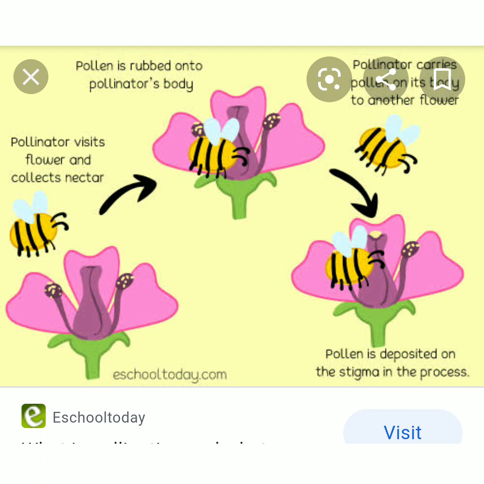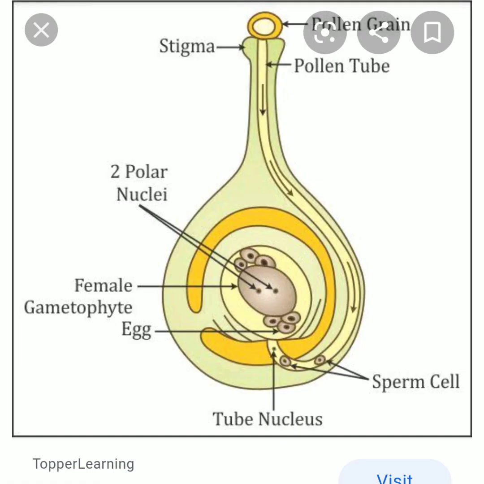After pollination, the pollen grain grows through the style to reach the ovary. This process of joining of pollen grains with ovules is called fertilization. The fertilized ovule becomes the seed and the ovary becomes the fruit.